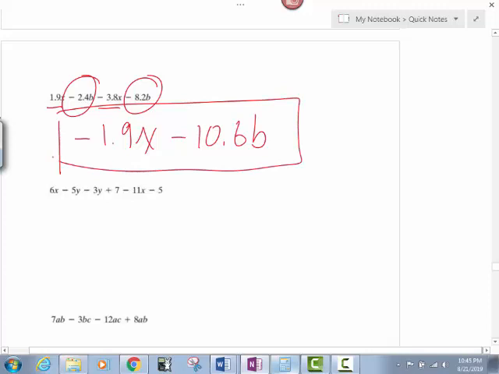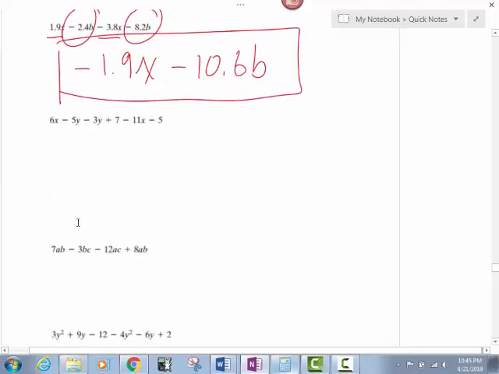All right, the next problem we have here says 6x minus 5y minus 3y plus 7 minus 11x minus 5. Often people will ask, where do I start? It really doesn't matter. If you want to start with the first one you see, let's go ahead and start with that one. So we'll start with the x's. 6x minus 11x: I have $6, I owe you 11, so I owe you 5.